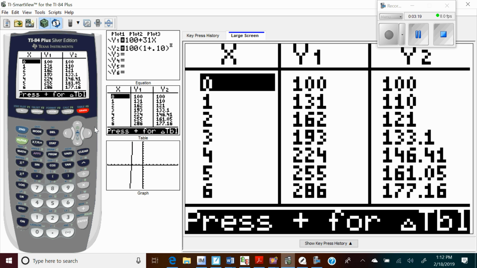Okay, now once you do that, you'll have all your x's here, and you'll have your y1, which is your linear with the 31 every month, and then your y2, which is your exponential with the 10%.